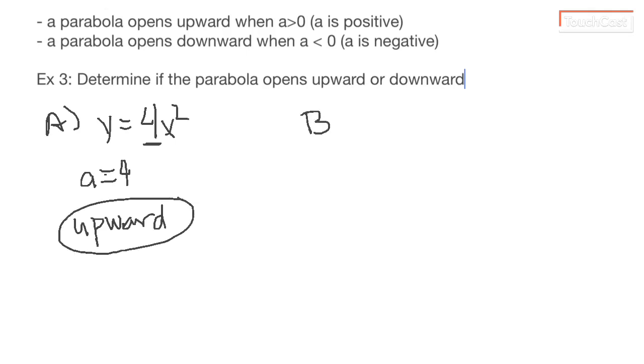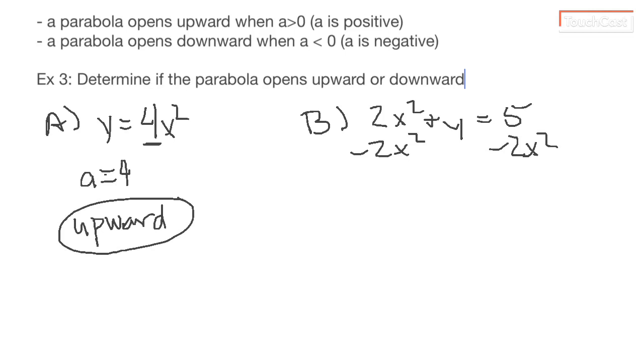In example 3b, we're going to have 2x squared plus y equals 5. So we're going to solve this for y first. We're going to subtract 2x squared from each side. So we have y equals negative 2x squared plus 5. Since a is equal to negative 2 in this case, we say the parabola opens downward.